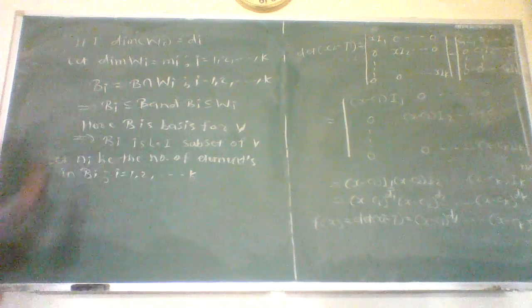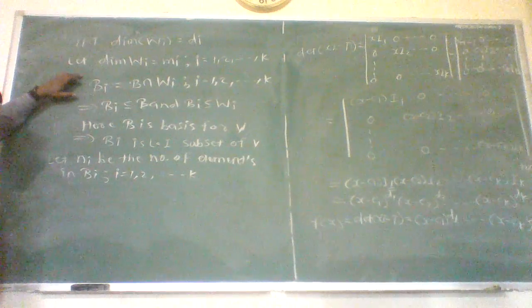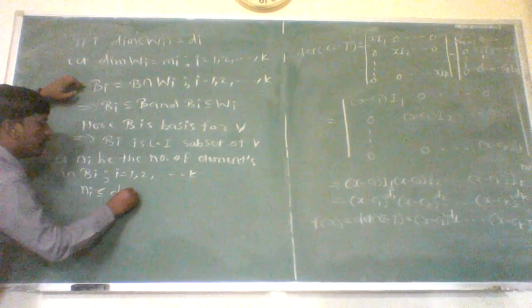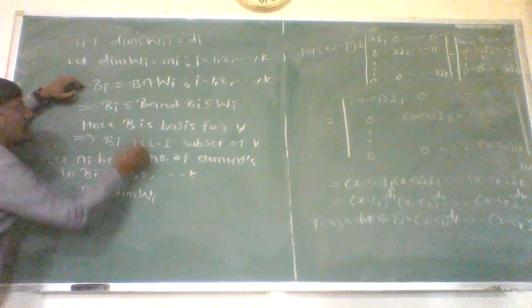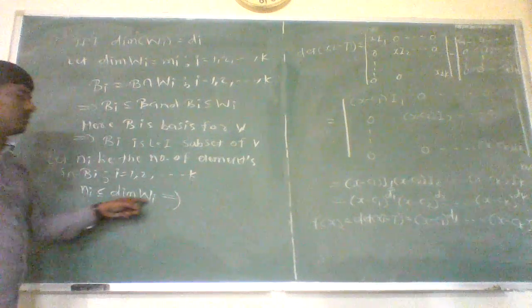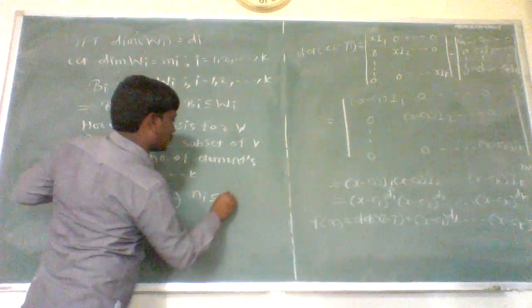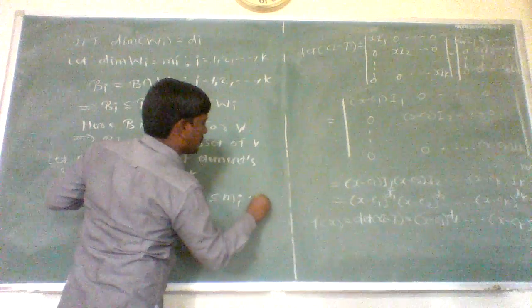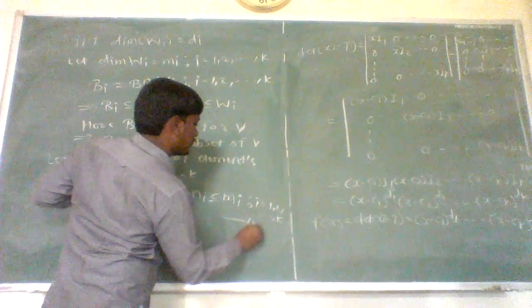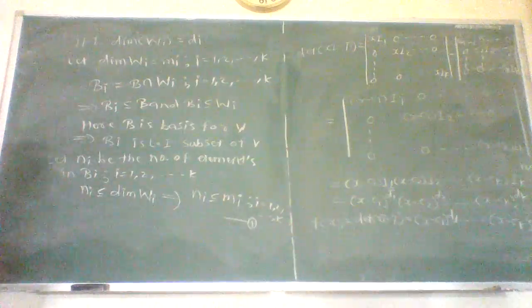For a particular i, Bi contains ni elements. Therefore, ni is always less than or equal to the dimension of Wi, since each Bi is a subset of Wi, but the dimension of Wi is nothing but mi. Therefore, ni is always less than or equal to mi, whenever i is running from 1 to k. Let us take this one as equation 1.